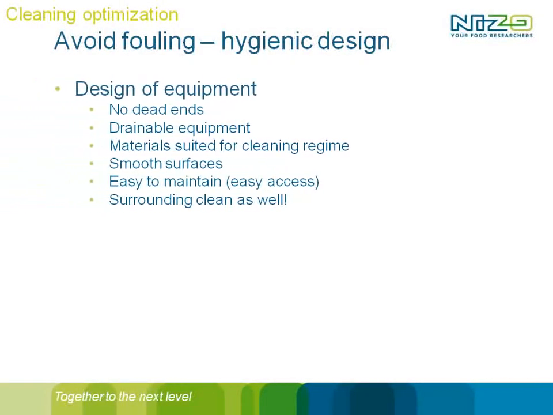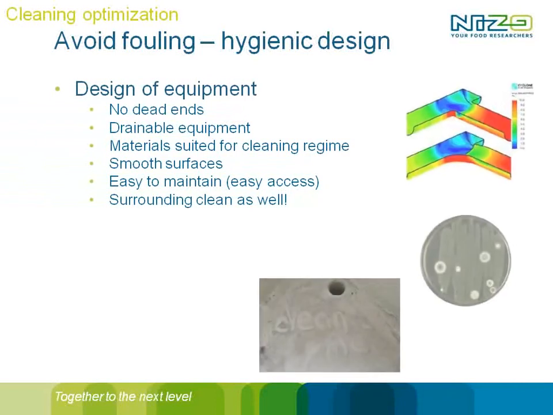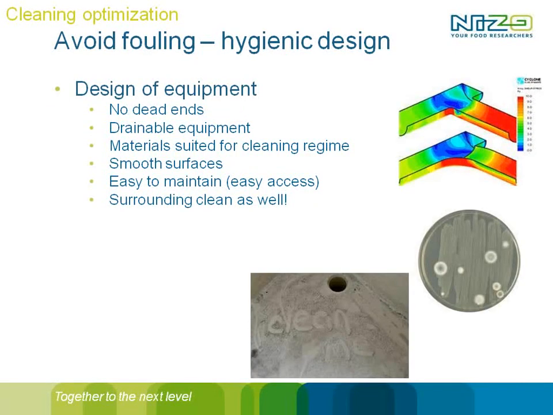You should also think of the design of the equipment itself, so avoid dead ends. At the right top you see a picture of a corner of piping with a dead end, and the blue depicts a region where you have a low flow velocity. So during cleaning you have a low flow velocity, and not all material or all fouling in the dead end will be removed that well.